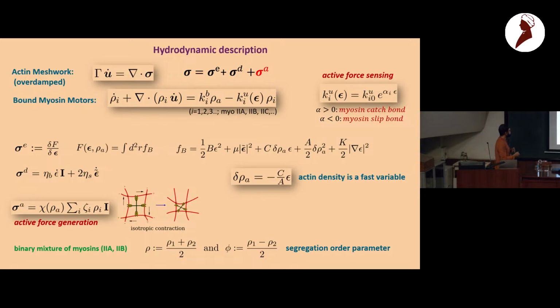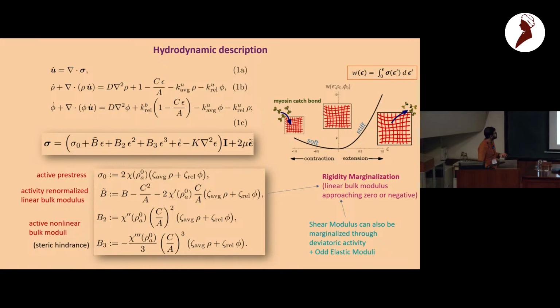To get an exact form of the active stresses, we will Taylor expand this function in small variation of the actin density, keep terms up to a certain order, and substitute this form in that Taylor expansion.